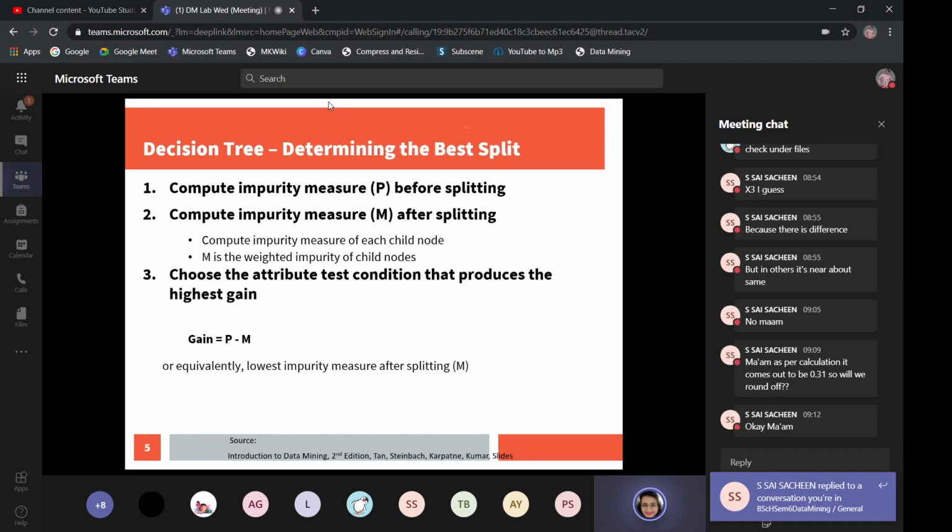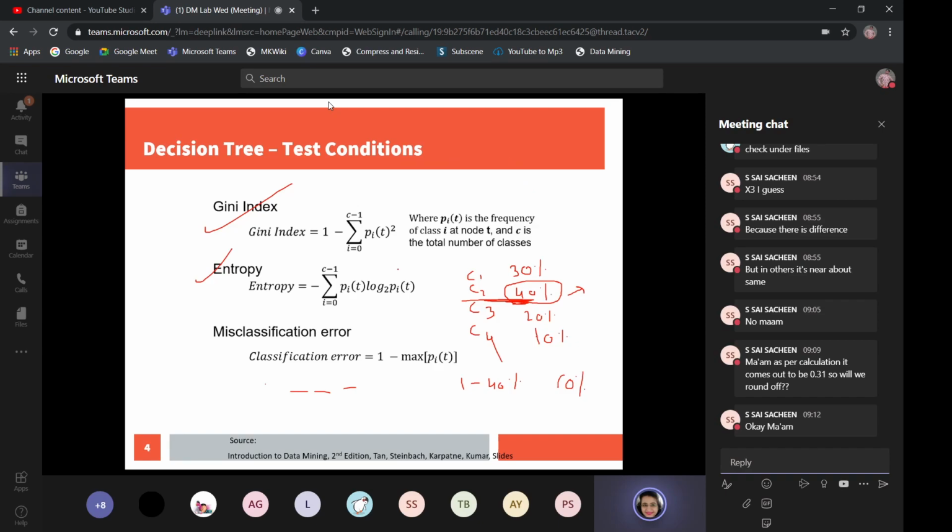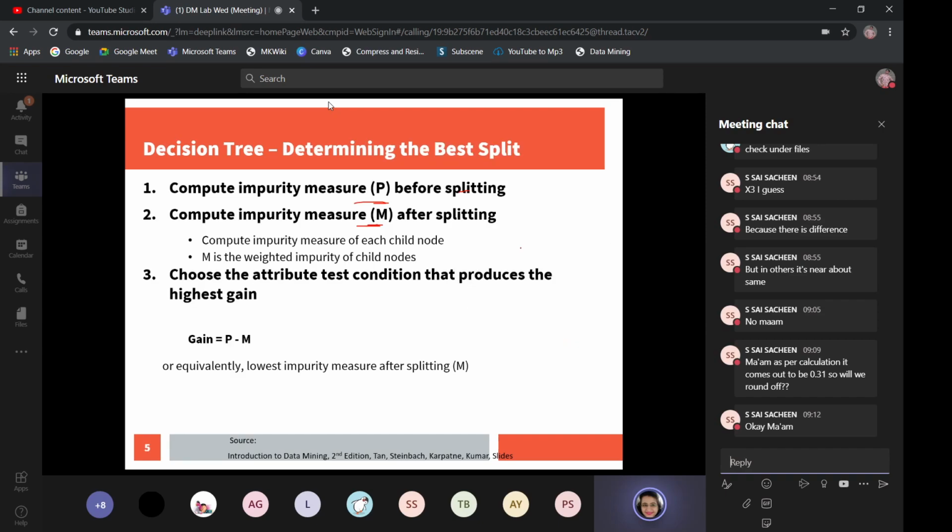To determine the best split, compute the impurity measure before splitting and compute the impurity measure after splitting. Before splitting, there is some impurity, which you compute using Gini index or entropy. Suppose you have already split at attribute 3, and now at the next level you want to split on x2 or x1.